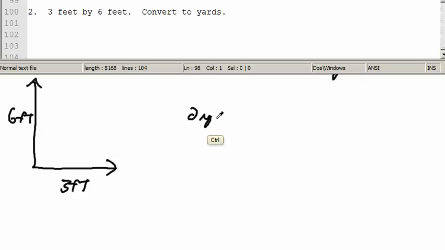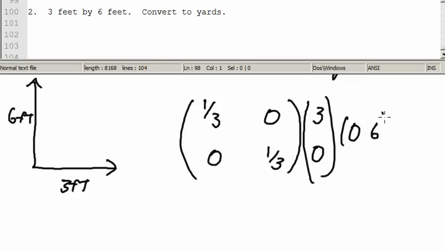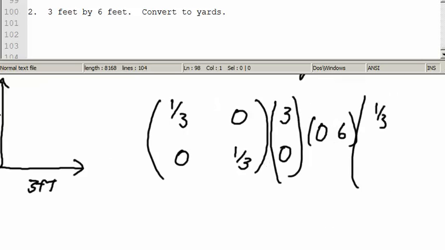I think this would be the format for del y. It would be 1/3, 1/3, 0, and 0, times 3, 0, 0, 6, 1/3, 1/3, 0, 0.